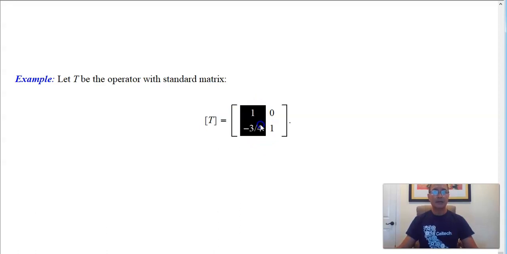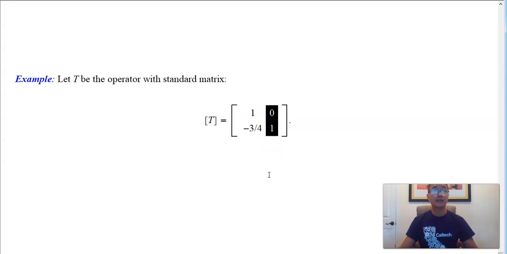Column 1 is hiding in plain sight what happens to (1, 0). It's no longer (1, 0), it's (1, negative 3/4). The 1 stays, but there's now a non-zero y component of negative 3/4. How about (0, 1)? Oh, (0, 1) is still (0, 1). Just like our last example, E2, what we call J, does not change.